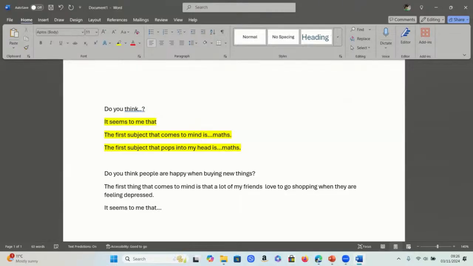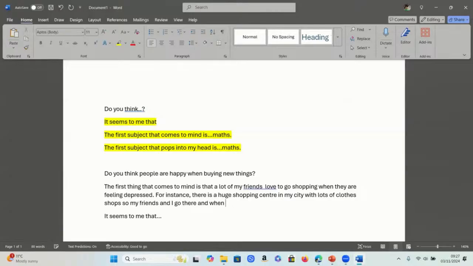And then if you wanted, you could go on: there is a huge shopping center in my city with lots of clothes shops. See how you can just make it longer and longer. So my friends and I go there, and when we buy maybe a new top or whatever, our mood improves. That's how I would quickly answer it.